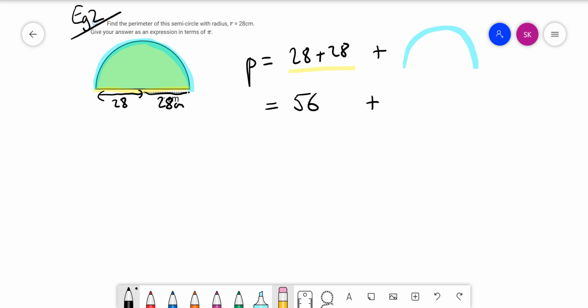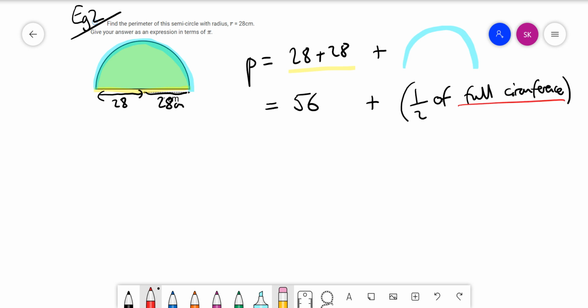And then we have to find half of the full circumference if it were a full circle. Again, the full circumference is if it went all the way around. Circumference is the distance around a circle. How do we find it? Pi times d, which is pi times 56, or 56 pi.